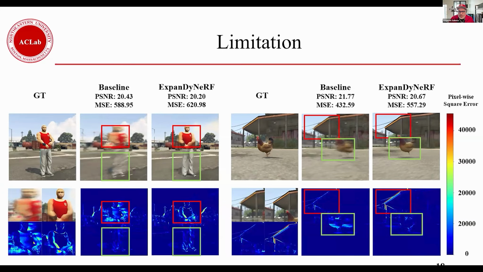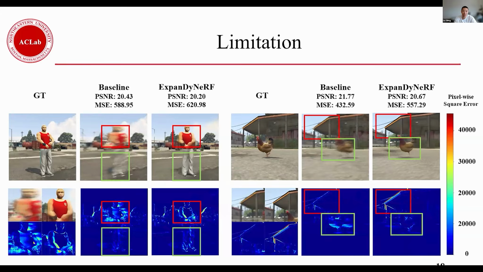Question here, does your method work on partially occluded objects? Oh yeah, this is a really good question. This is what we wanted to test before. If the object is blocked, we need to build the 3D prior from the occluded frames.